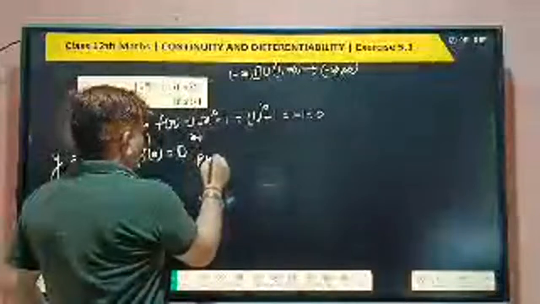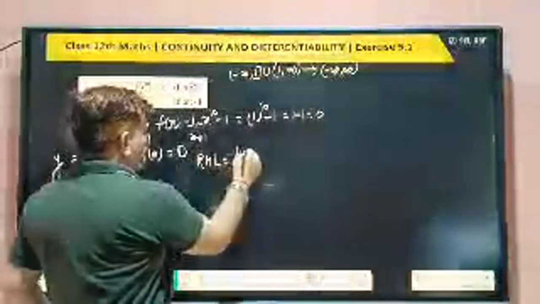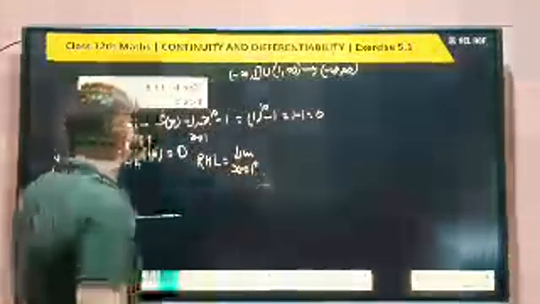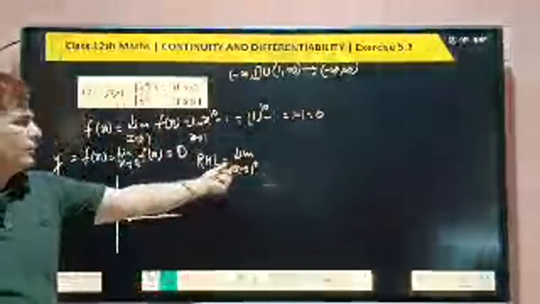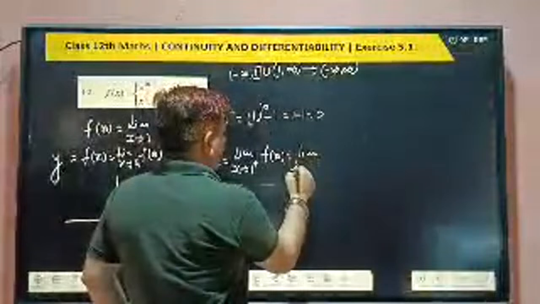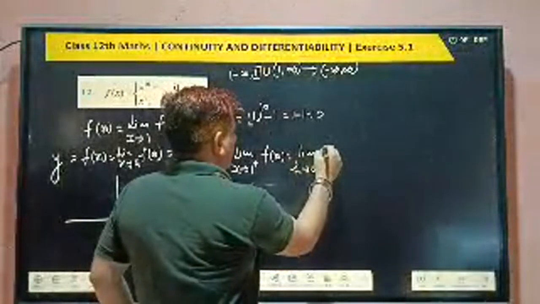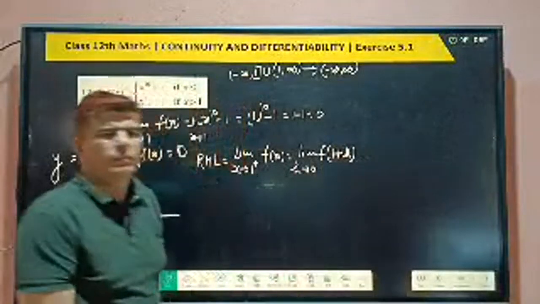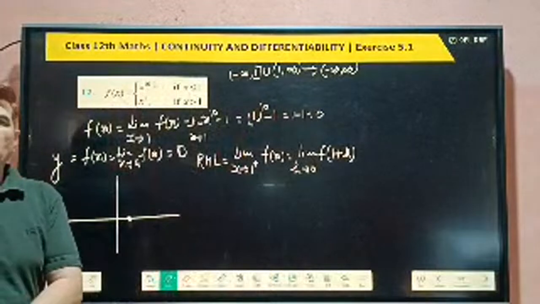So RHL is equal to limit x tends to 1 plus. Here a is equal to 1, f(x) is equal to limit h tends to 0 of f(1 plus h). Right or wrong? Right.